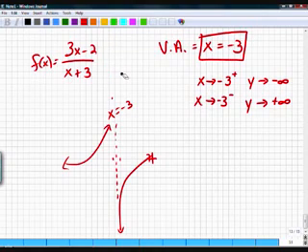When I plug in -2.9, obviously I have a negative on top. Does that make sense? And on bottom I have -2.9 plus 3, which is a positive, so it's going to go to a negative. Since it's a negative, then it's going to go down. When you plug in -3.1, you've got a negative over a negative, which is a positive, so it's going to go up. That's the quicker way of doing it. Just worrying about the signs.